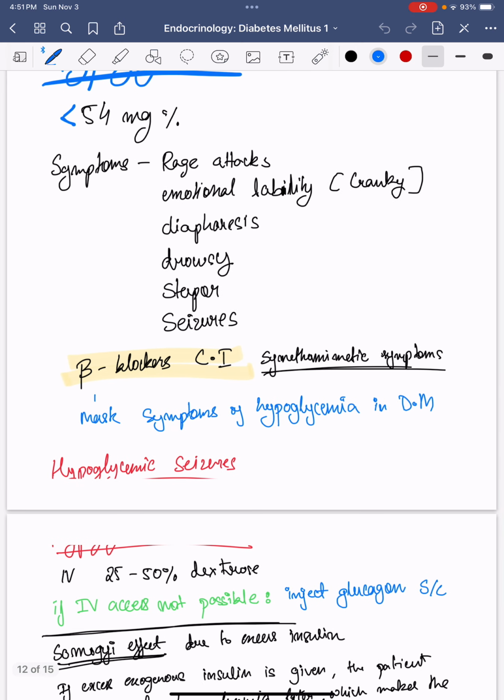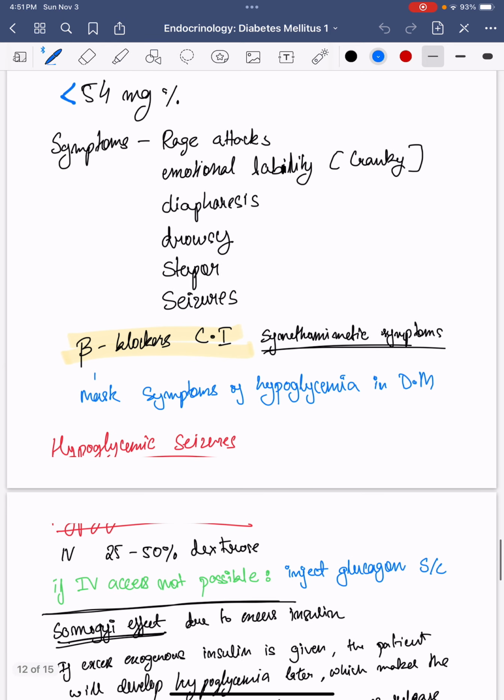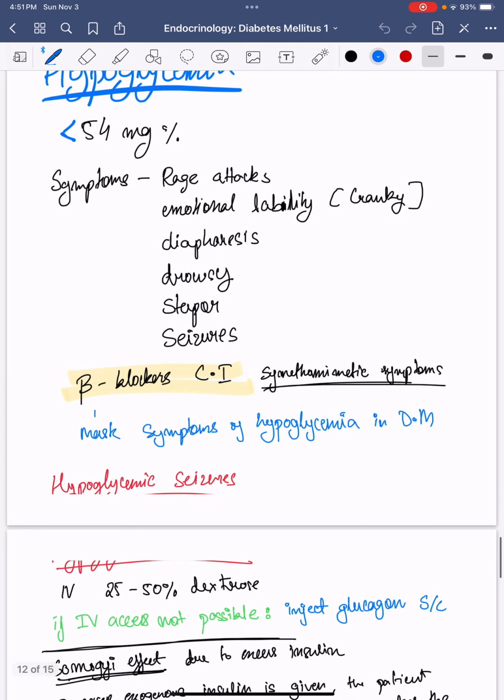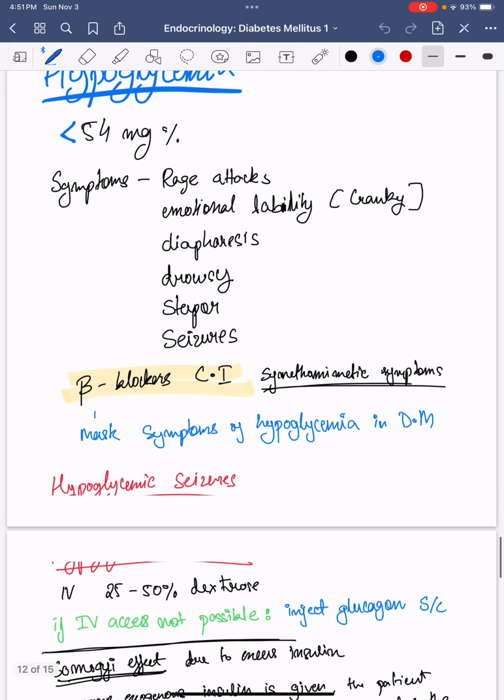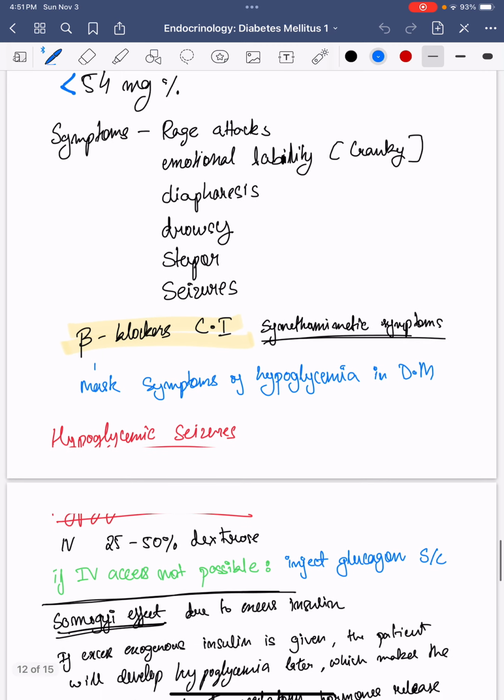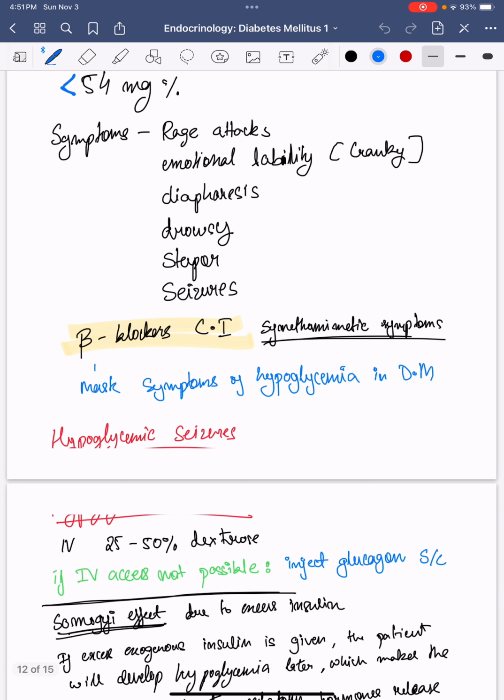Beta blockers are contraindicated in hypoglycemia because they block the sympathetic symptoms from the brain, and they will mask the symptoms of hypoglycemia in diabetes mellitus.